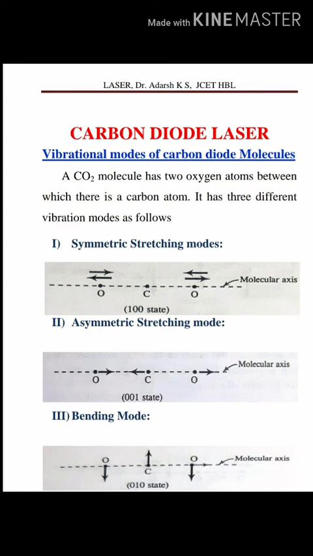Here all three atoms, oxygen and carbon, oscillate along the molecular axis, but the oxygen atoms move to one side and the carbon atom moves in exactly the opposite direction. This state of energy is referred to as the 001 state, which exhibits the highest energy.